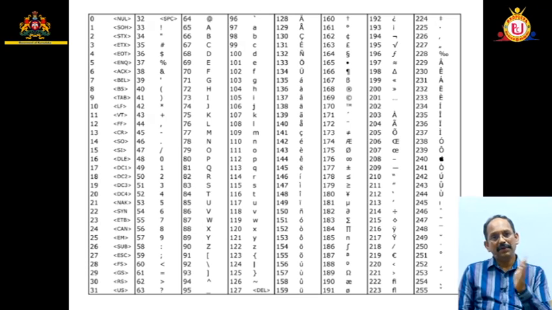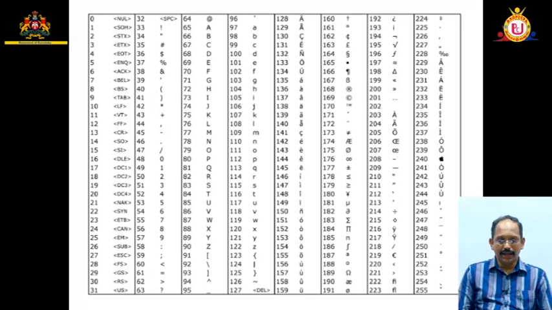Then for capital alphabets, there is a code. For small letter alphabets, there is a separate code. 65 is the code number to represent capital letter A. And if you look at the small letters, 97 is the ASCII code to represent small letter a.